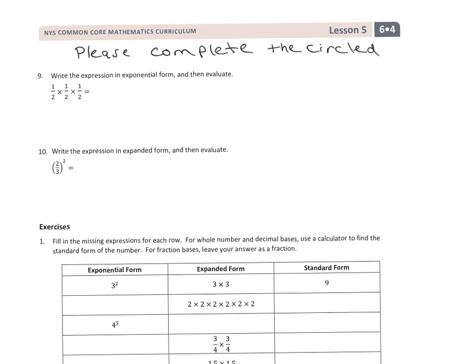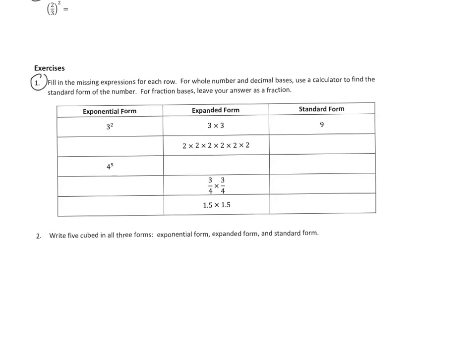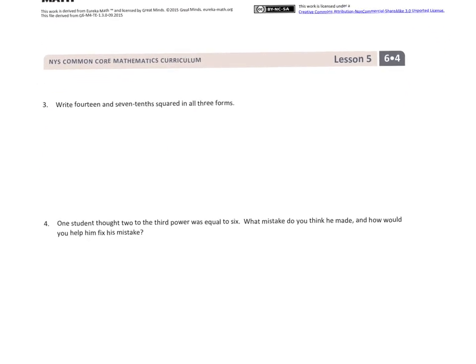And I'll show you what they are. So 9, 10, exercise 1, which is this whole table, and standard form means the answer. And then number 2. And on the next page, exercises 3 and 4.